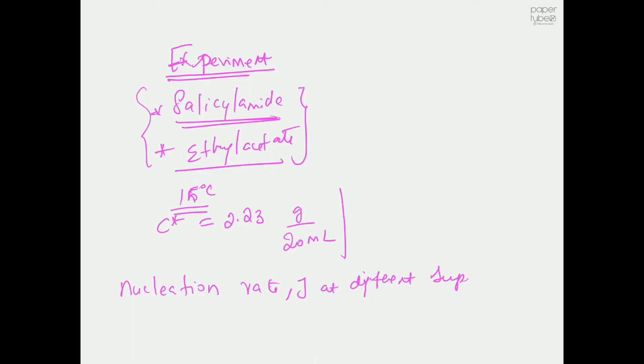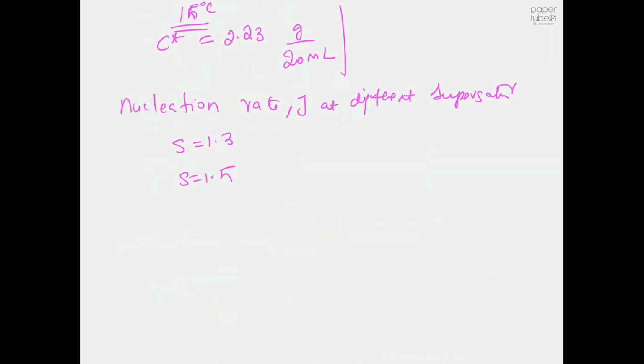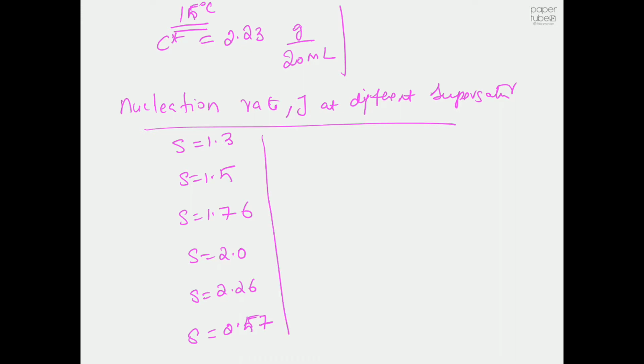Say a supersaturation of 1.3, then 1.5 roughly, 1.76, 2.0, 2.26, and 2.57. So we need to calculate the J value as a function of supersaturation.